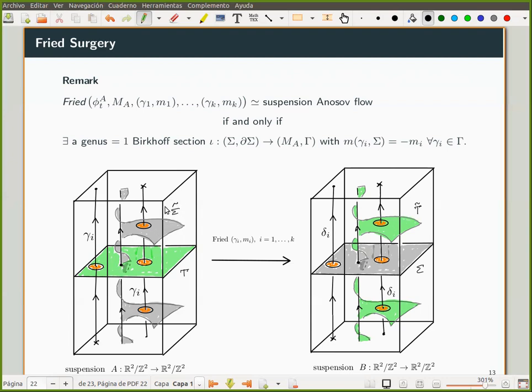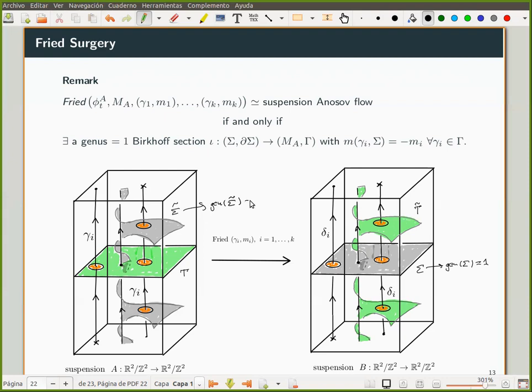And the boundary of this Birkhoff section is exactly the set of periodic orbits that we originally used to make the surgery. And observe that since the genus of this surface is 1, then as well the genus of sigma tilde is 1.